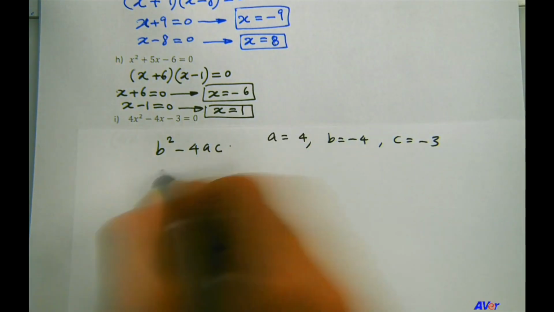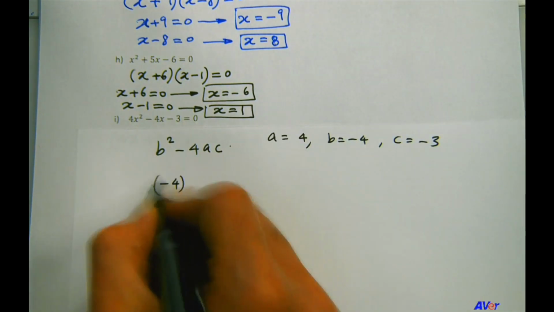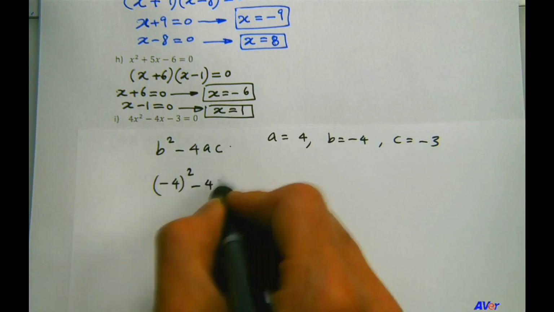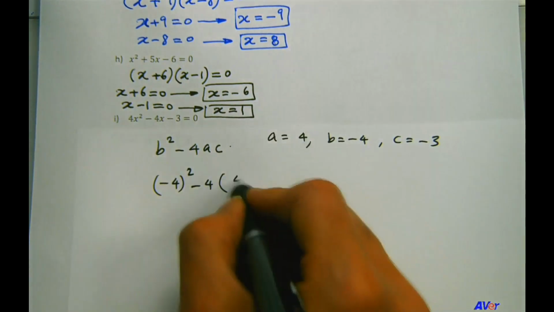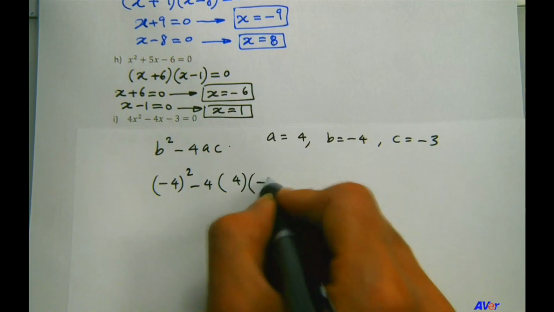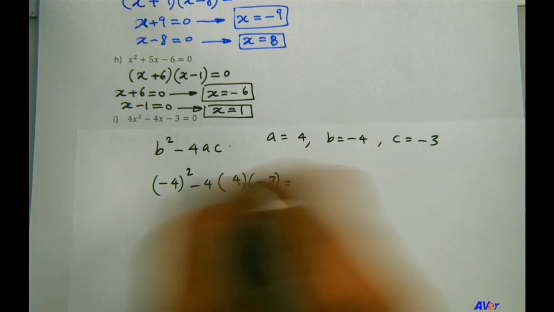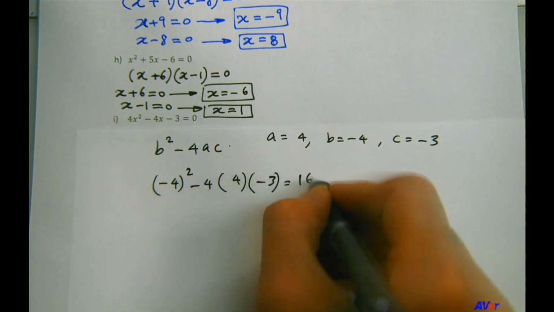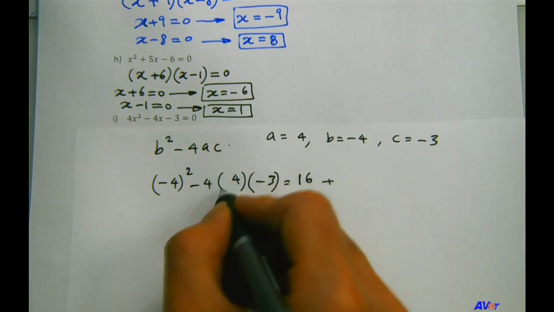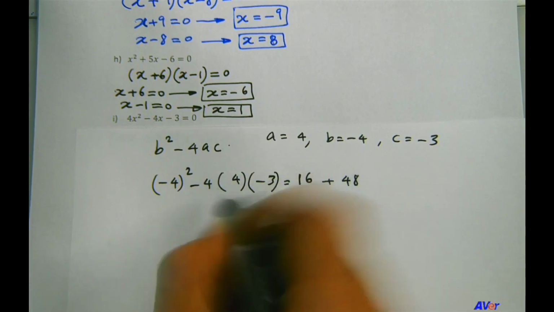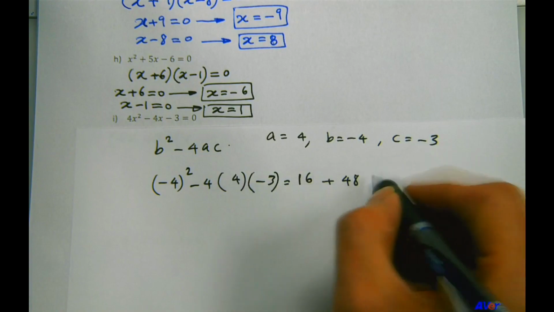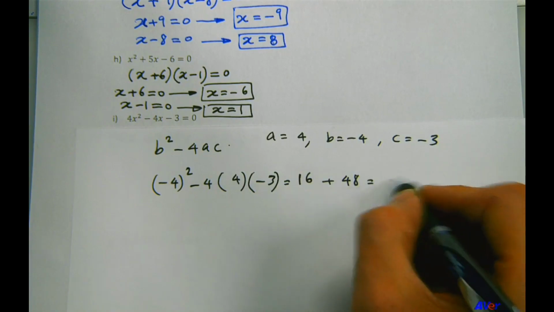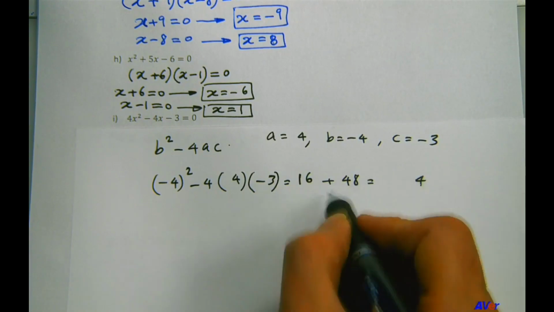Putting that in the discriminant, we have minus 4 squared minus 4 times a, which is 4, times c, which is minus 3. What do we get? We get positive 16 plus 48, right? 16 plus 48, and we get 64.